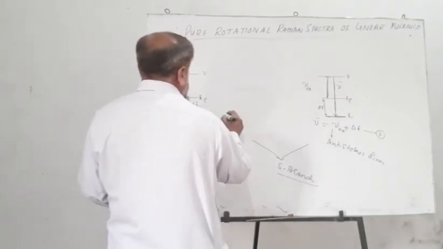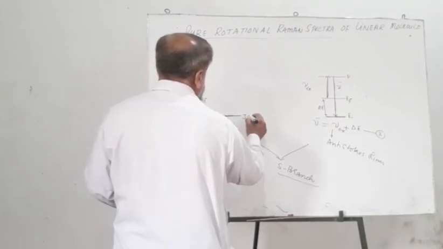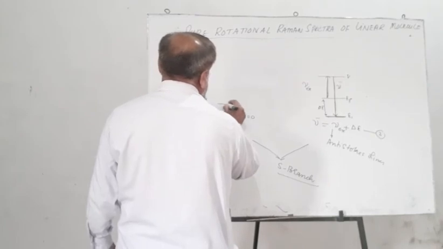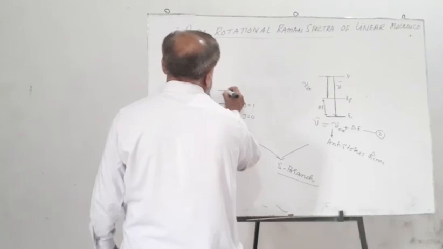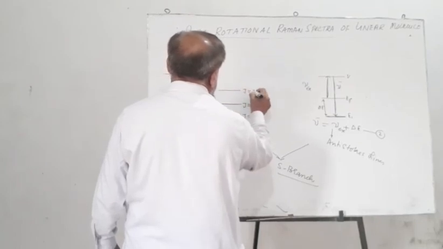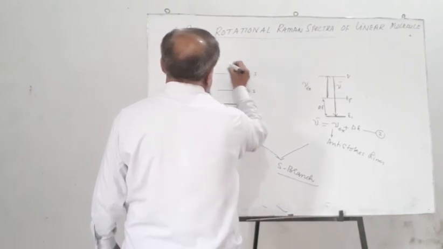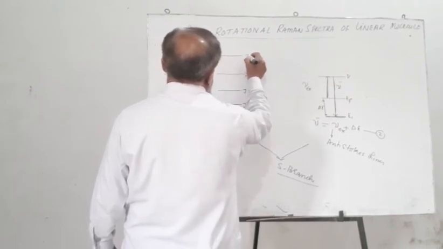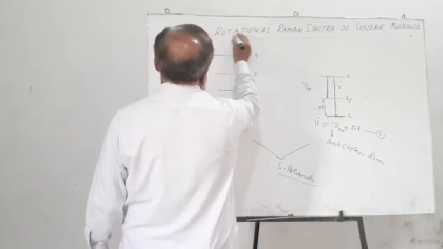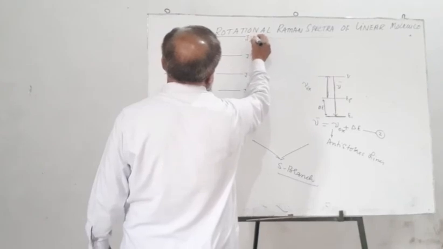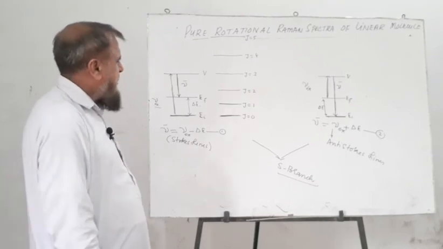Let us suppose we have these quantum numbers: J is equal to 0, J is equal to 1, J is equal to 2, J is equal to 3, J is equal to 4, and J is equal to 5. These are the rotational quantum numbers of a molecule.